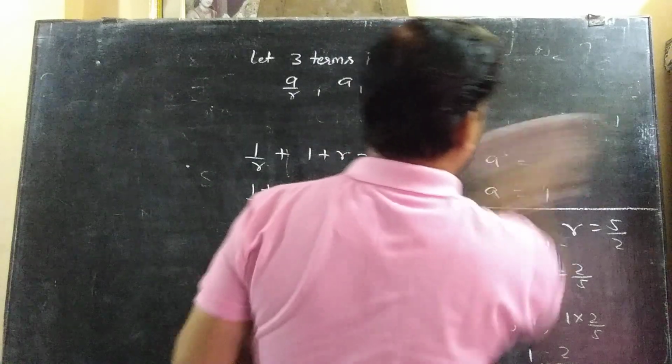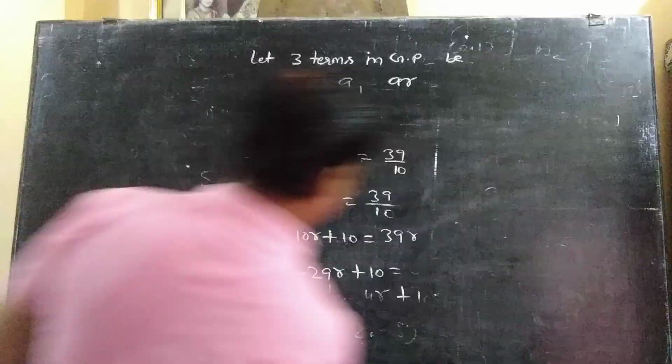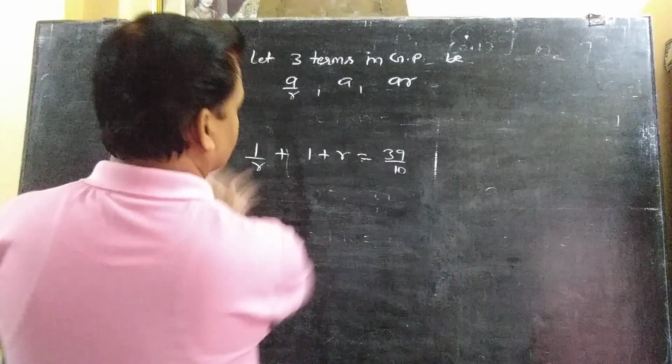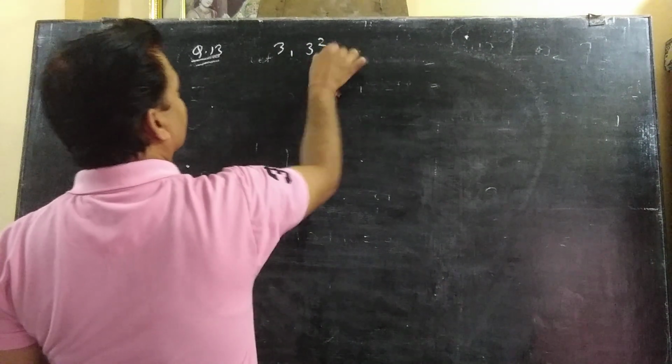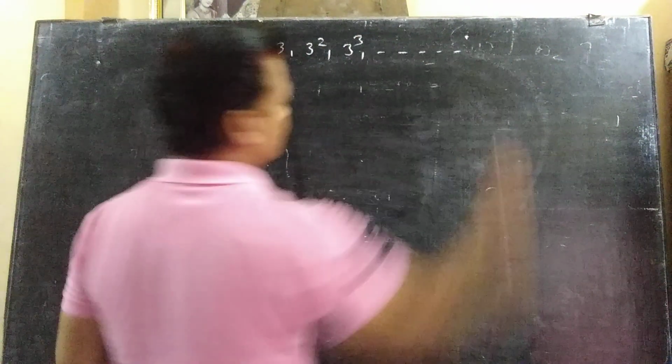नेक्स्ट क्वेश्चन वी आर टेकिंग हियर, and that is our 13th problem, in which a GP is given 3 square, 3 cube and so on so forth.